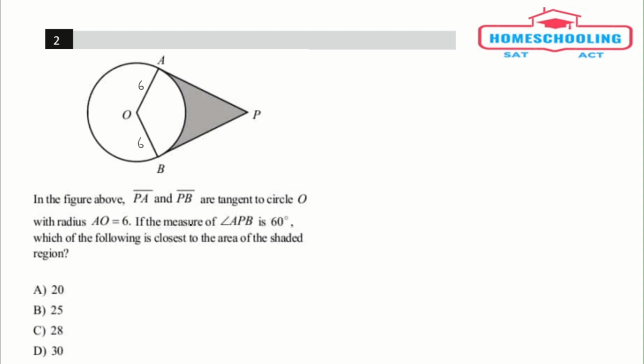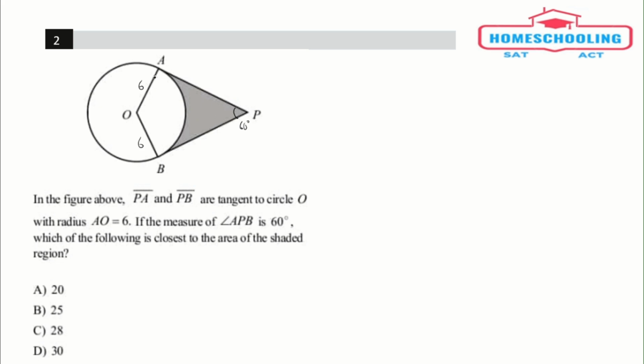If the measure of angle APB is 60 degrees, so if this angle is 60 degrees, which of the following is closest to the area of the shaded region? So we have to find the area of this shaded region. Now how are we going to approach it?